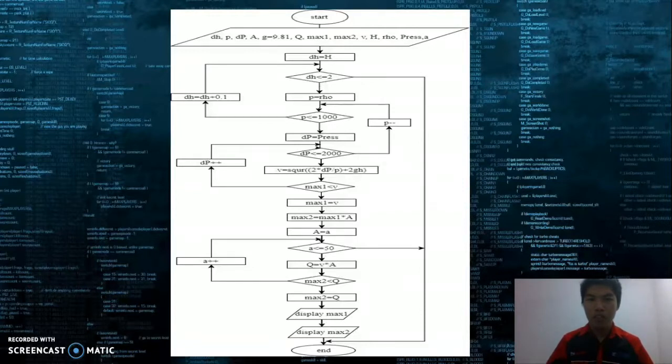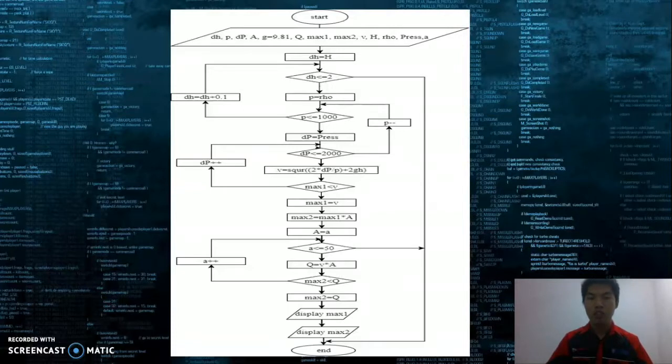After that, if the change in pressure fulfills the limitation, so with these three variables fulfilling the limitation, it can form velocity. Okay, and then with this velocity, they will form a V, the change in velocity.